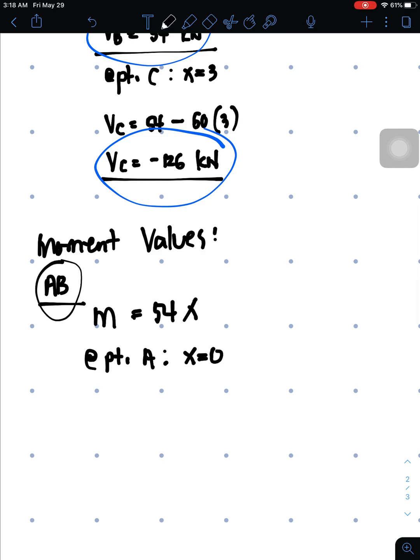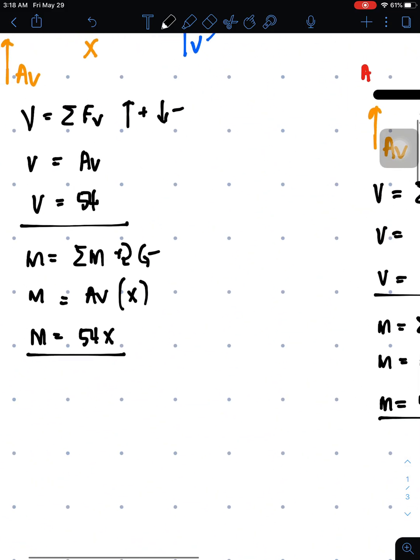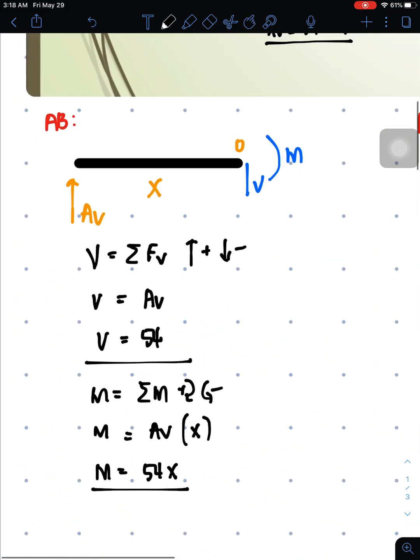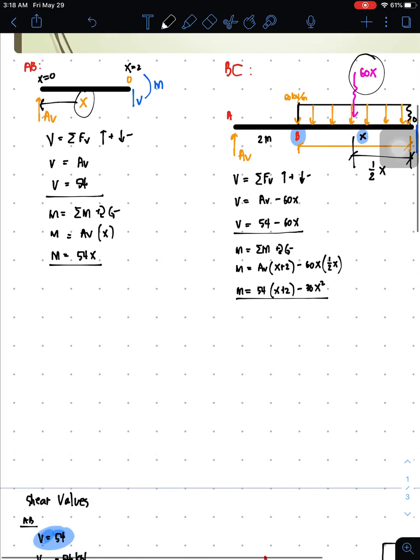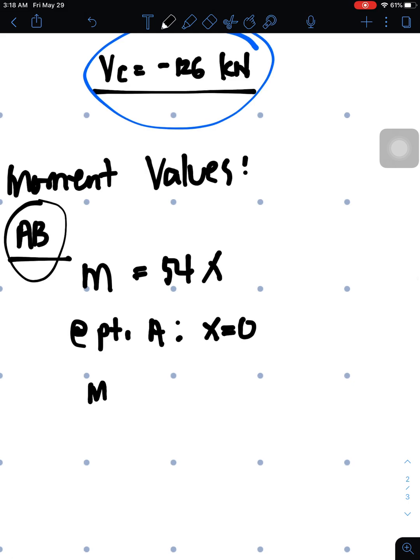Kaya na nasa tanibalik sa segment AB. No, ato lang na siyang i-refresh diri. Nag-start ang atong x dira. So therefore, x equal to 0 diri, then x equal to 2 meters diha. So MA is equal to 0.